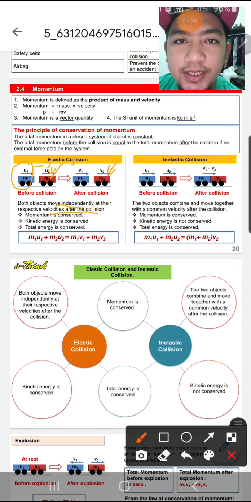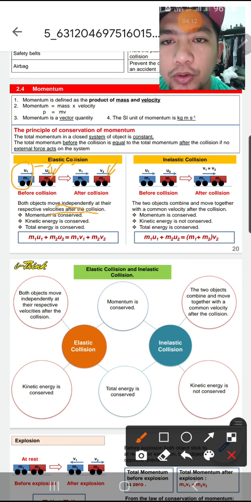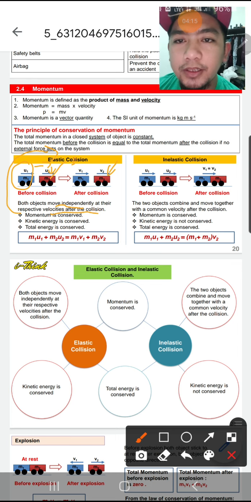So what happened? Momentum is conserved. Conserved means we can refer to this principle: the momentum before collision is equal to the momentum after collision.